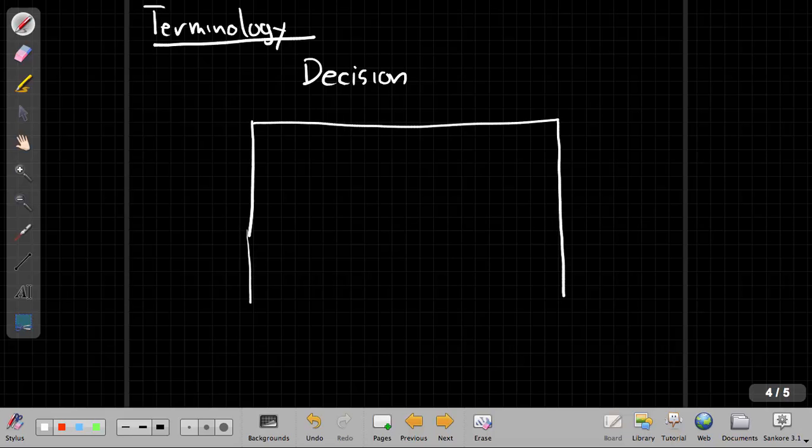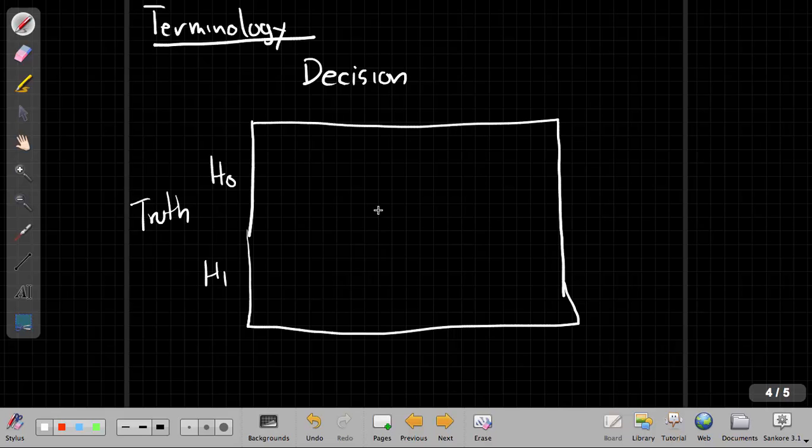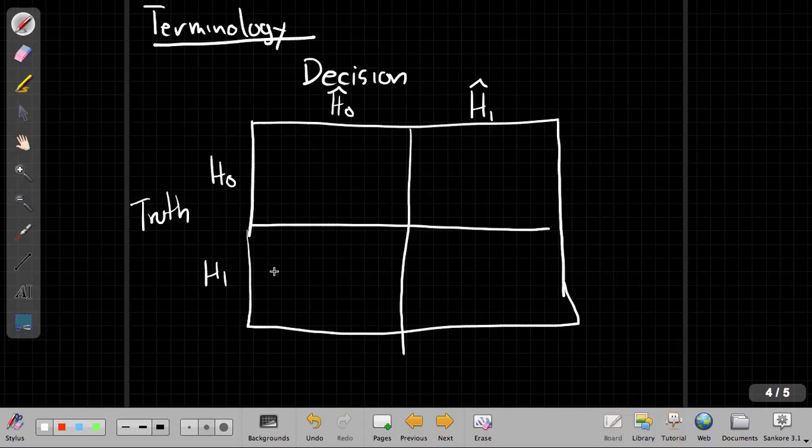Let's actually make this pretty big so we can fill in a lot. On this side we have the truth. So the true situation is either H0 or H1. And then we have two possible decisions. We can guess H0 or H1.